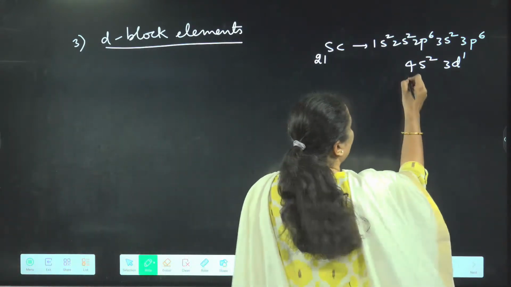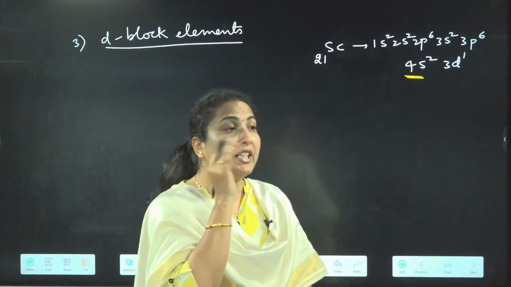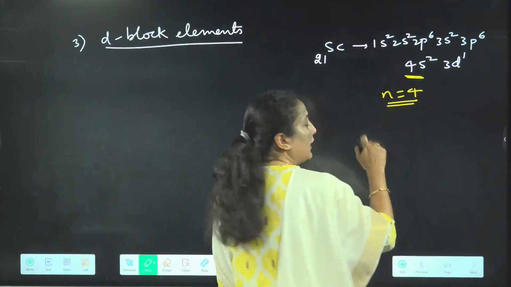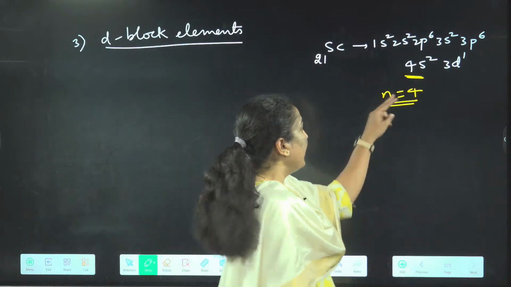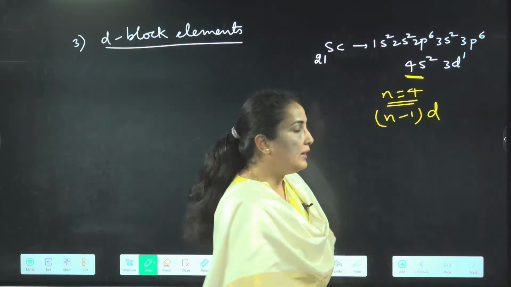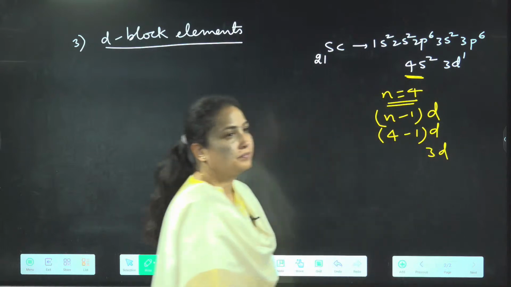Now the thing is, what is the value of n here? That means, what is the valence shell here? Basically valence shell is 4 here, and n, which is the principal quantum number, represents that, okay? Now your electron has entered into n minus 1 d, that means 4 minus 1 d, which is 3d. Getting it?